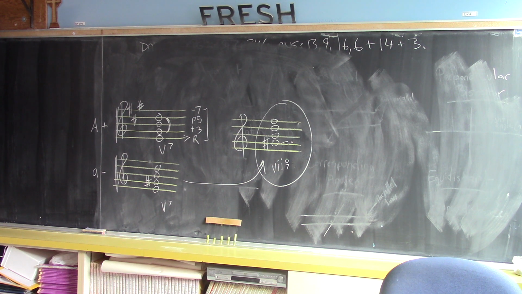Okay, so at the top, I wrote in there, dominant 7th: root, major 3rd, perfect 5th, minor 7th. If it doesn't have that, it's not a dominant 7th. Okay? So, on this page, you're trying to figure out the difference between the dominant 7th and the diminished 7th.